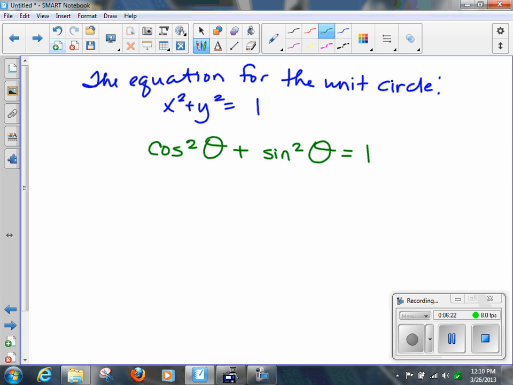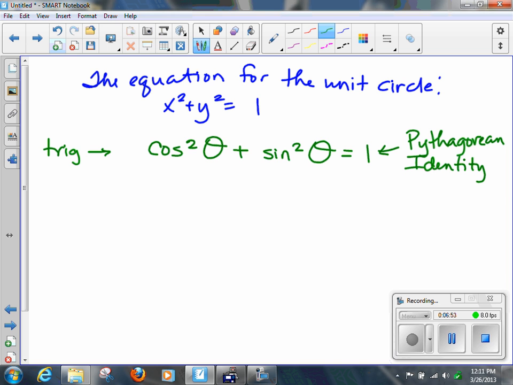That's when we realized that our x value was really now our cosine value, and our y value in an ordered pair is really our sine value. So this is when we started actually working with trig, okay? This is called a Pythagorean identity, okay? A Pythagorean identity.